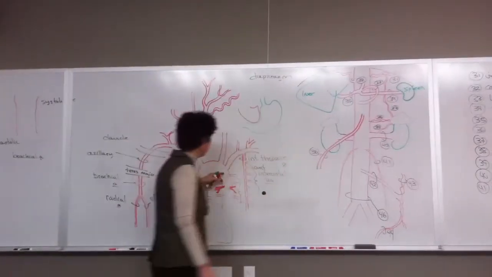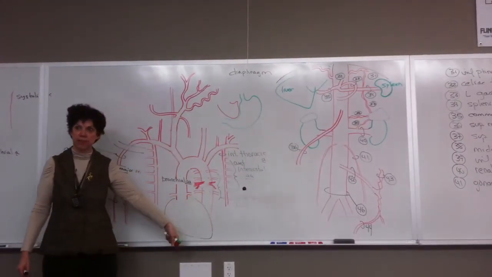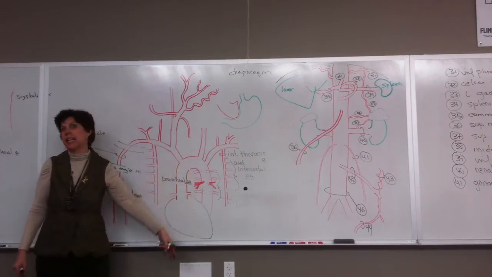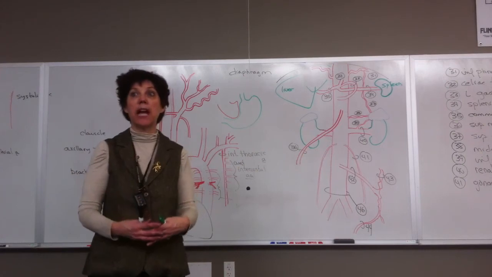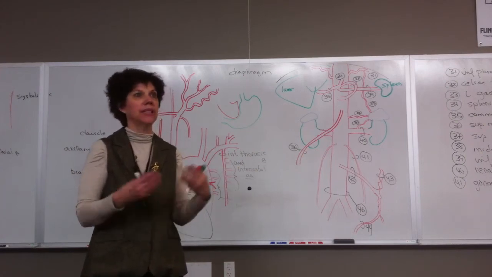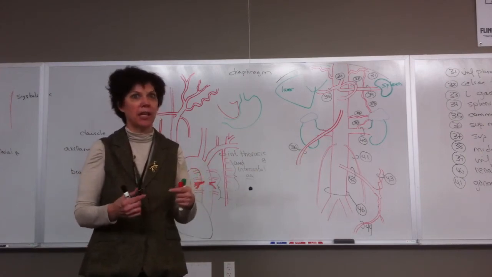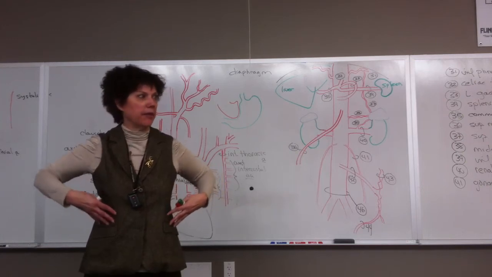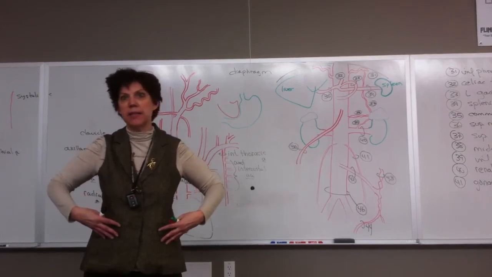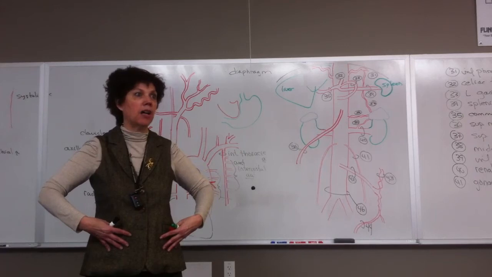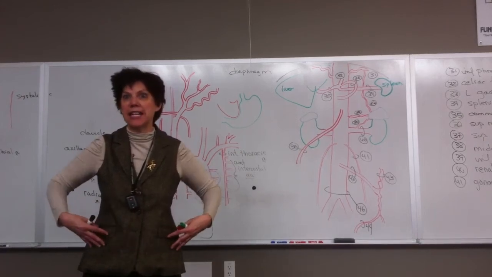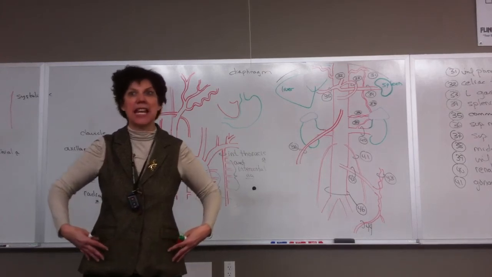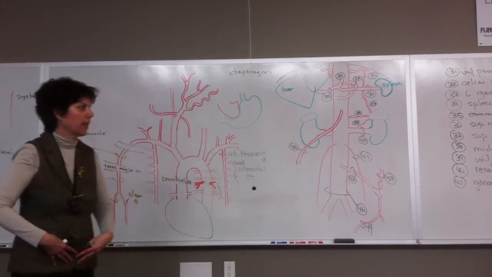Remember our posterior intercostals? They continue to come off of the aorta, but when we're in the abdominal cavity, we no longer call them posterior intercostals. Remember how the external obliques were found between each of the ribs? When we get to the abdominal wall, we no longer have the ribs, but they're essentially the same orientation of muscle.